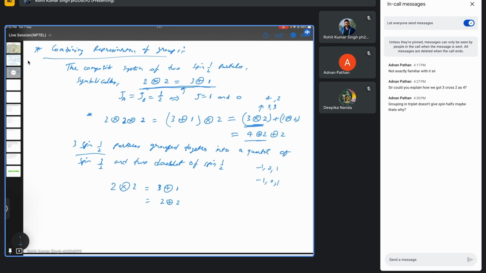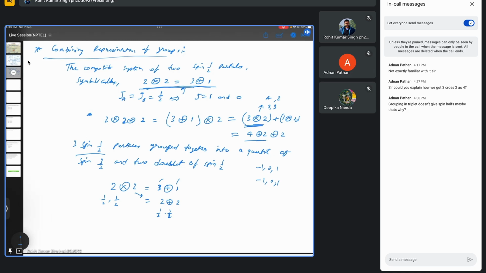This is also fine, right? But here what happens is, originally you have two spin half particles, so you have doublets, and then you get one triplet and one singlet. And if you group like this, you again get two doublets.